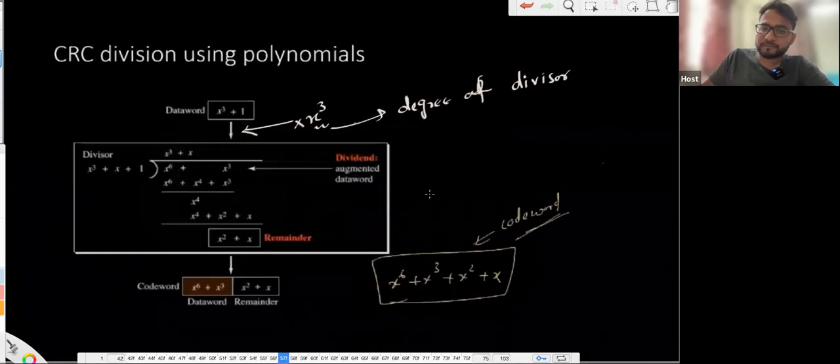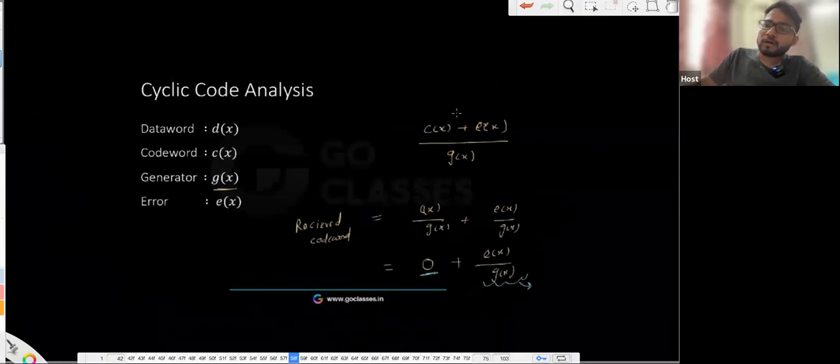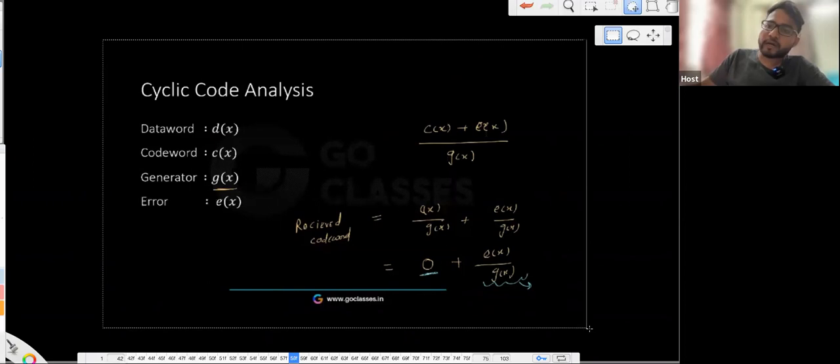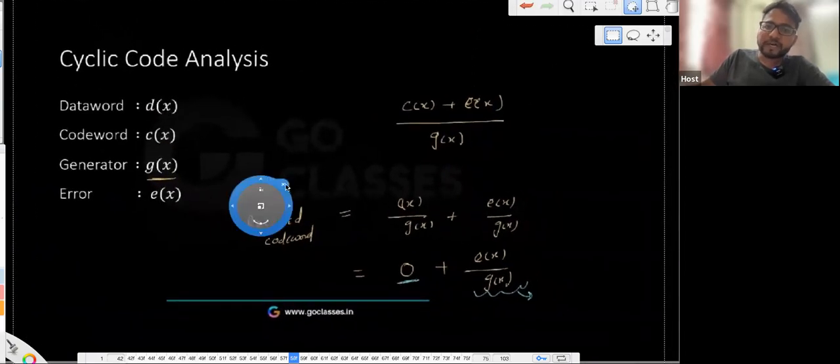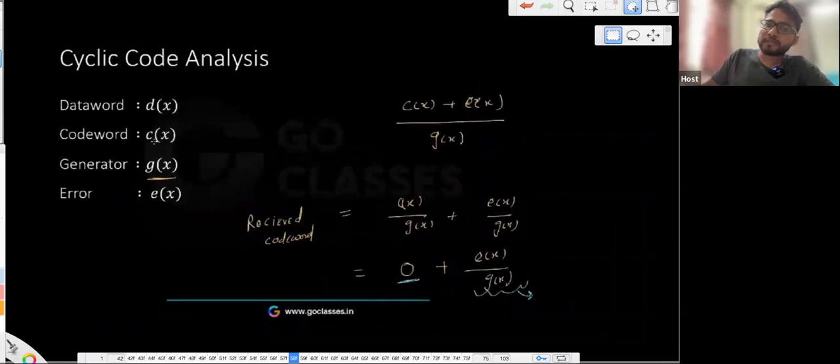Now let's move to the most important part of CRC, which is cyclic code analysis. This is very, very important. Let's say the data word is dx and the code word is cx, which means this data word must be added to something, and then finally you convert that to a code word. Whether polynomial or binary representation does not matter.